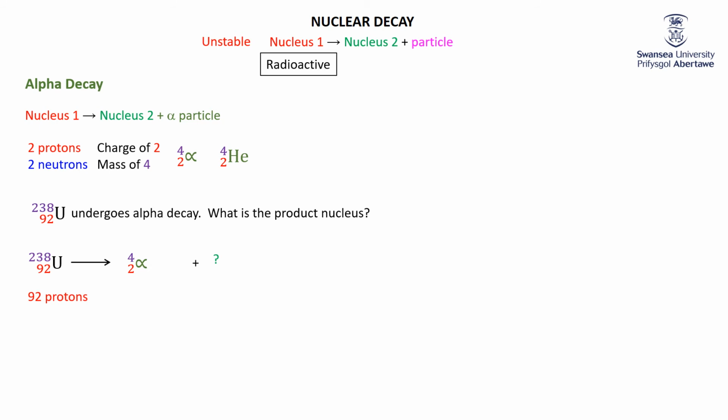We start off with 92 protons. 2 of them have gone with the alpha particle, leaving, of course, 90 behind. We start off with 146 neutrons, because 238 minus 92 is 146. We lose 2 of the neutrons in the alpha particle, leaving us with 144.